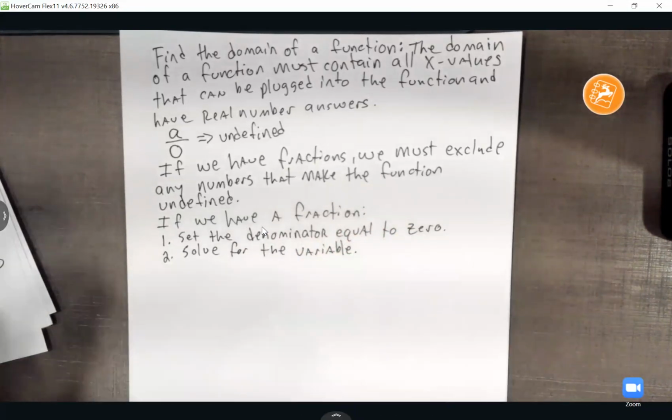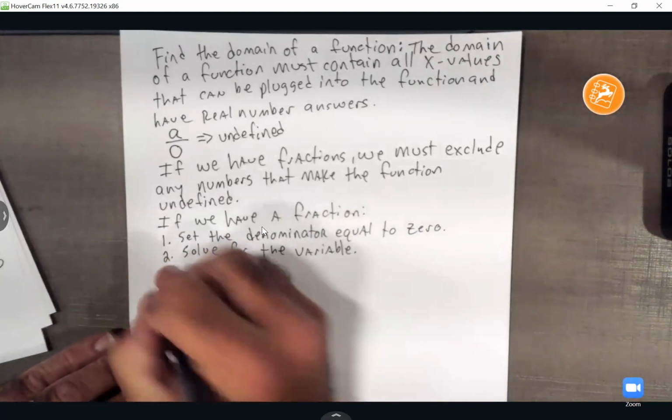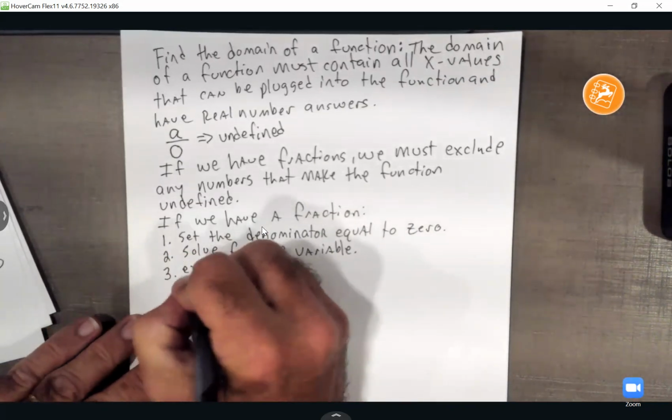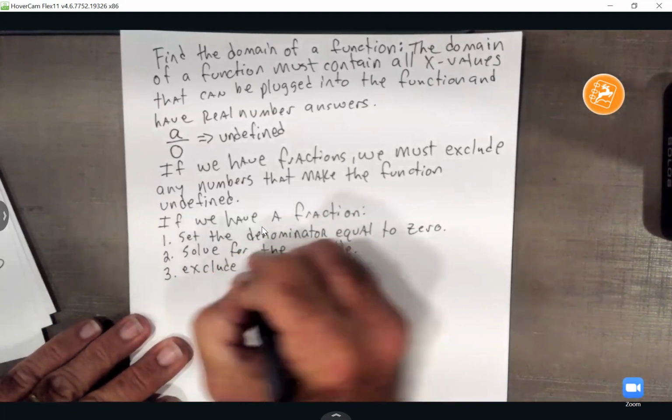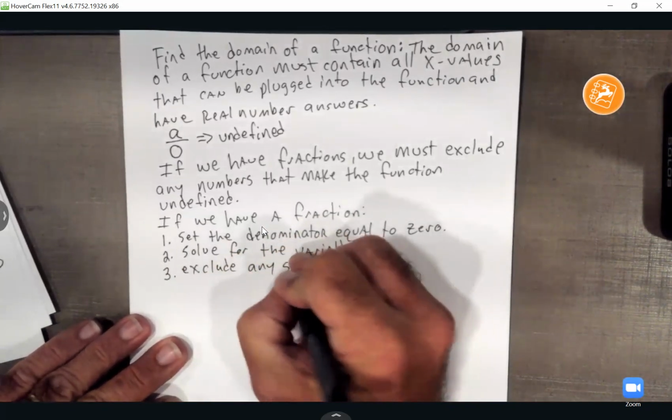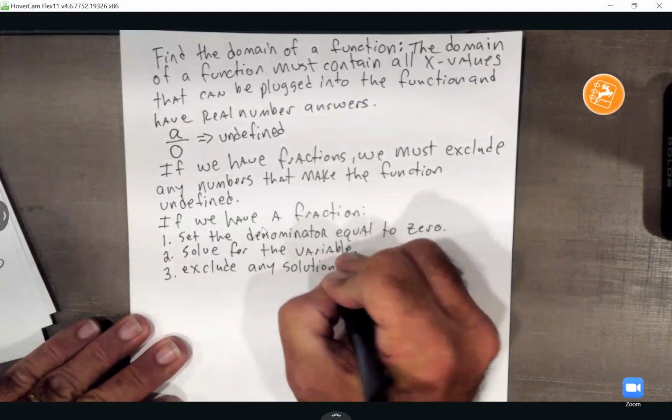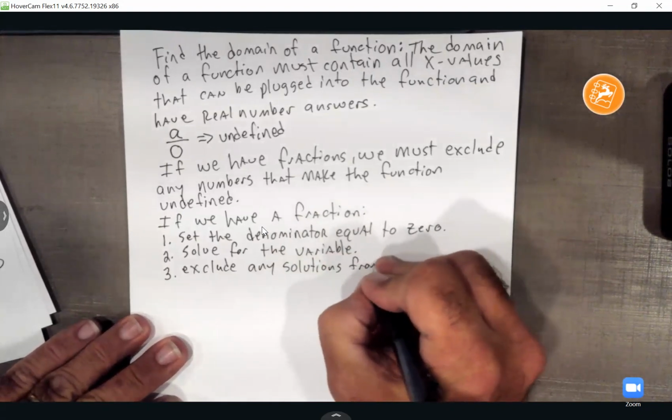Once I got x equals 5, that means 5 is the only number I exclude from my domain, okay? So once you solve for that variable, you're just going to exclude any solutions from the domain.